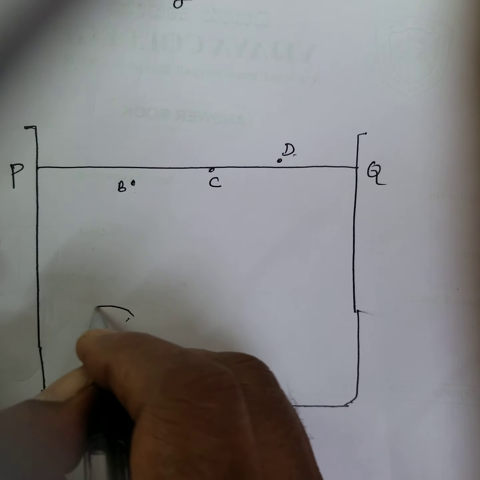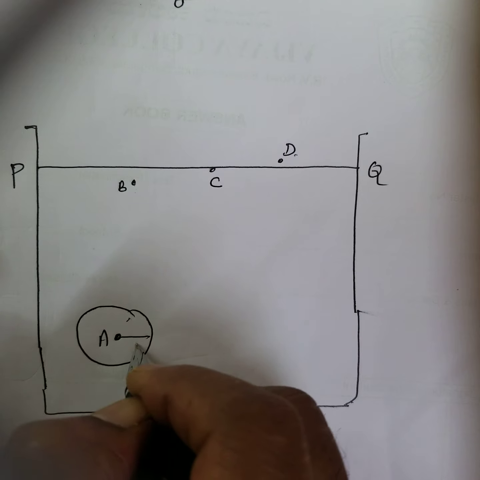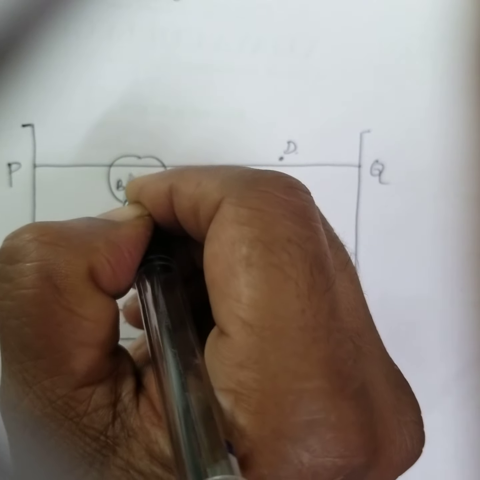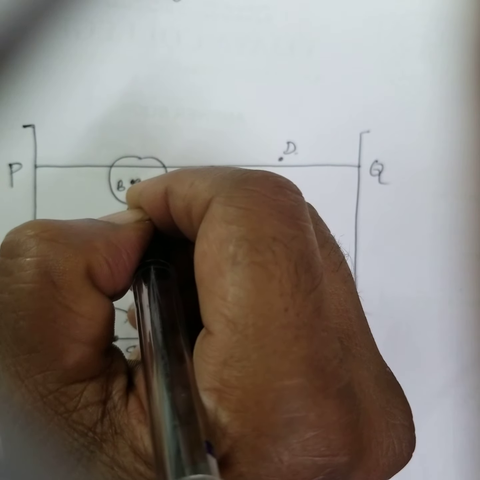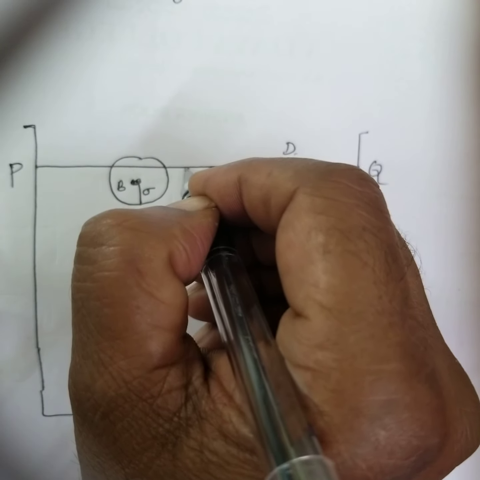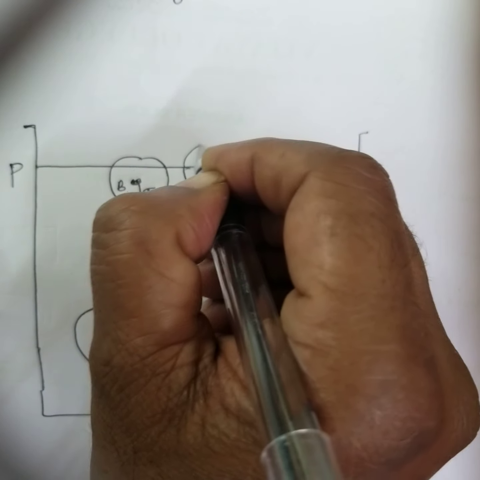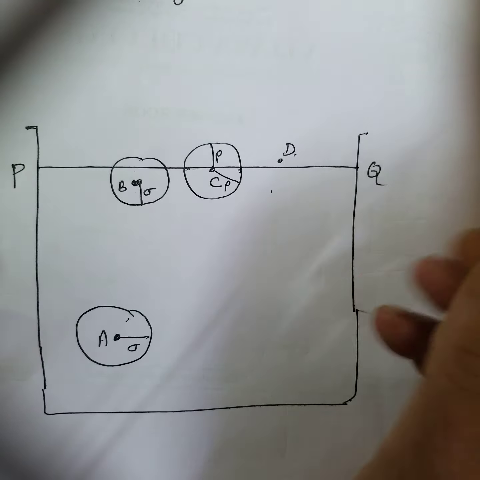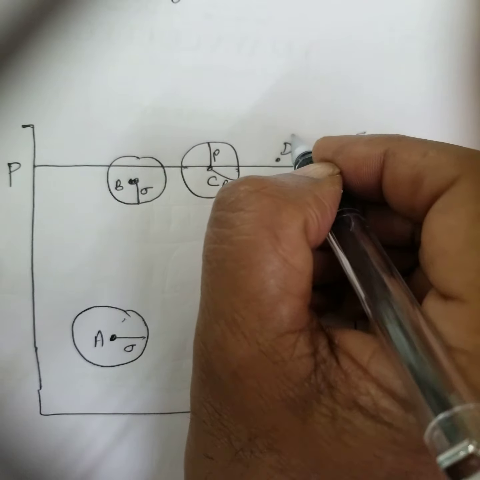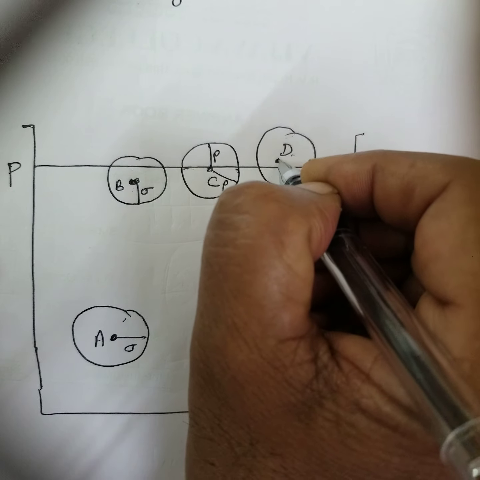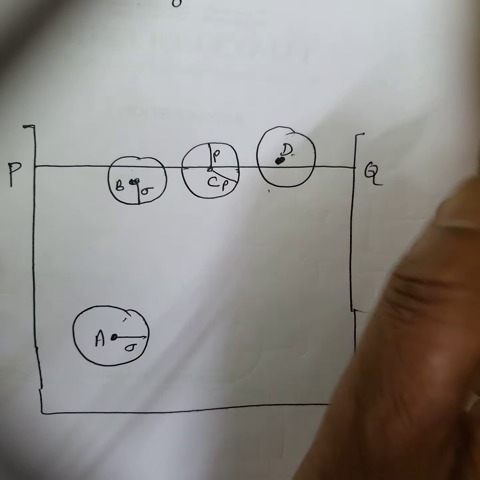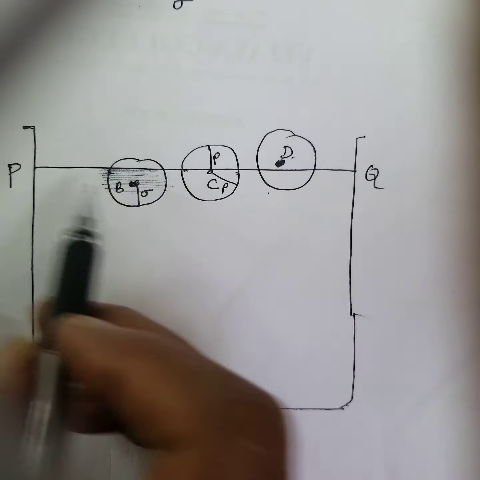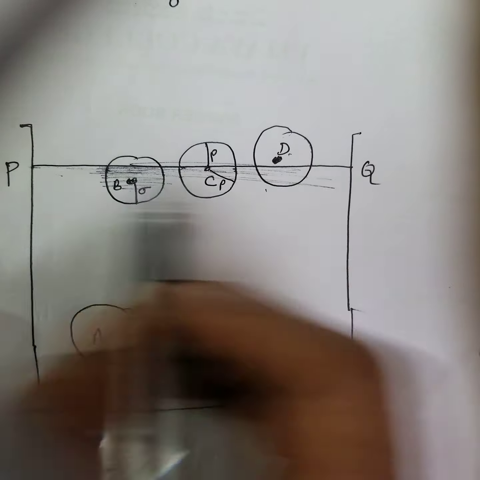I'll draw a sphere of influence like this. Now this much portion is immersed. See?